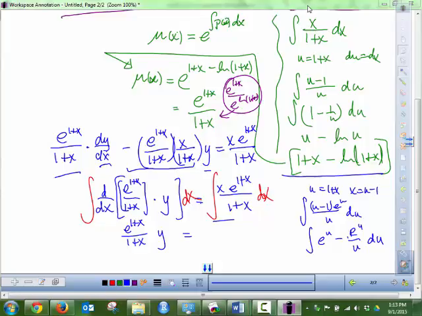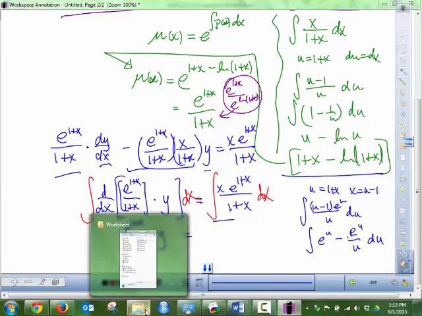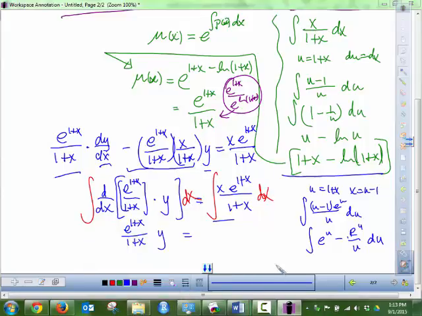I don't know. This is number 12. Webassign one? No, that's a special integral.